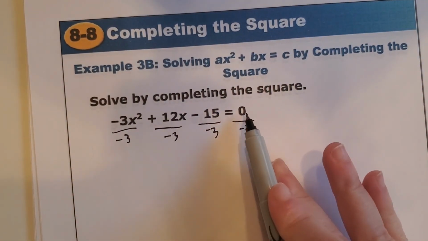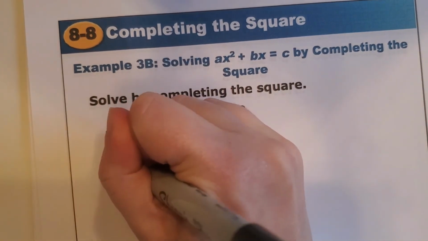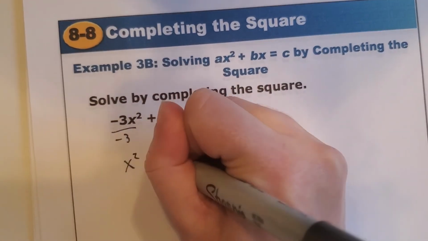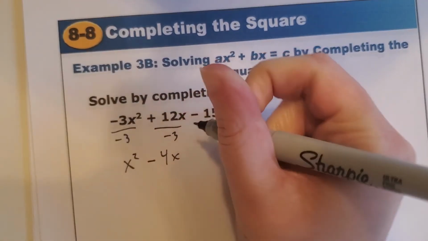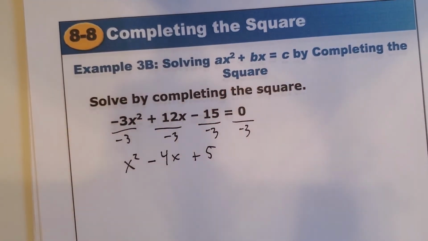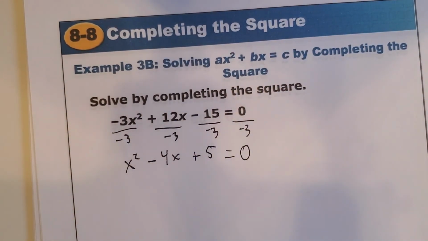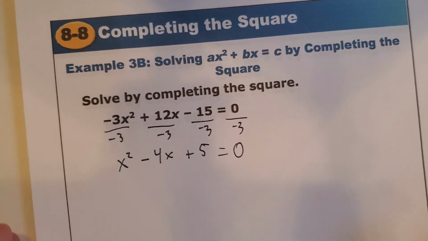If you have something on this side other than 0, definitely divide it by -3 as well, or whatever your coefficient is that you're dividing by. Okay, so x squared minus 4x, because you're dividing by a negative, so the signs are going to change, plus 5. Okay? Equals 0. And then again, everything else is the same.